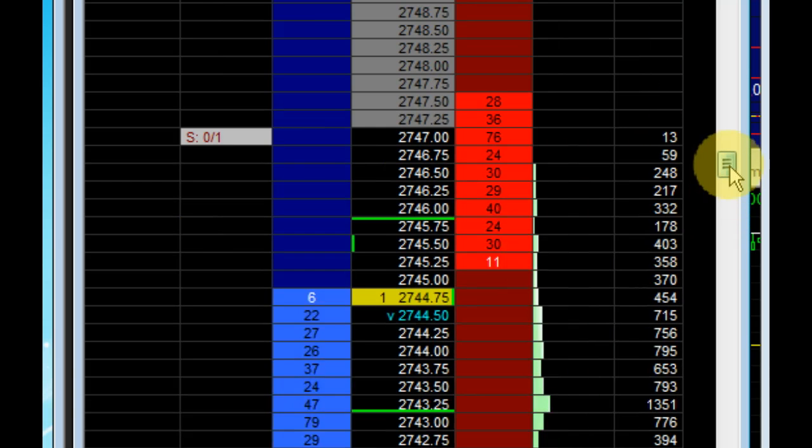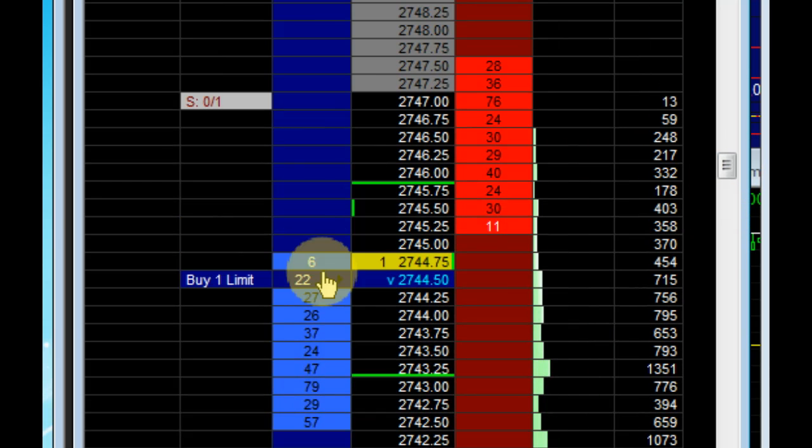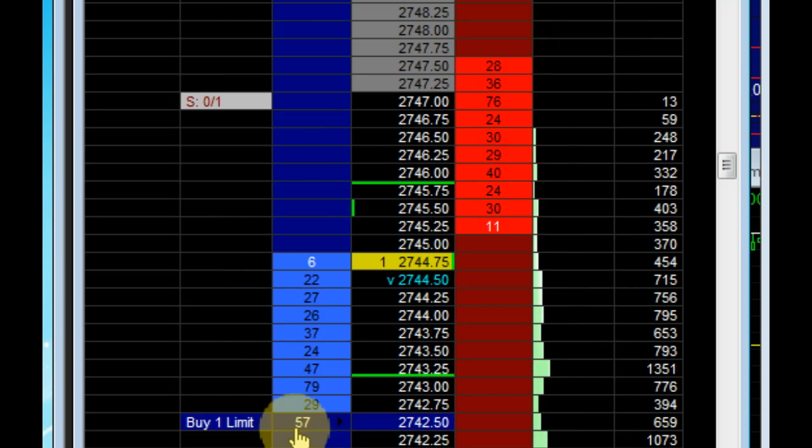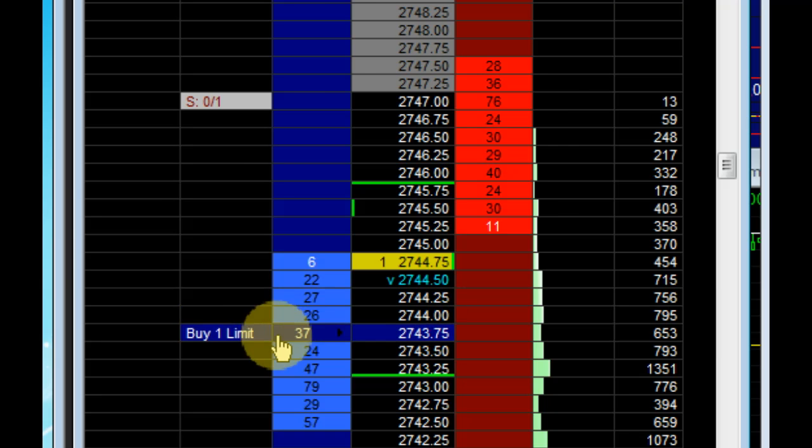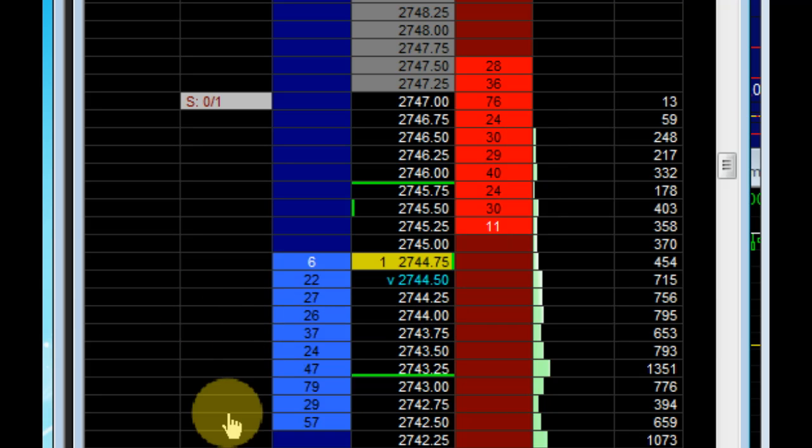But getting back to the price, and you can see where the different levels are and what the depth of market is. Now this is a very small amount of offers and bids because it's the NASDAQ contract, which is much smaller than the ES.